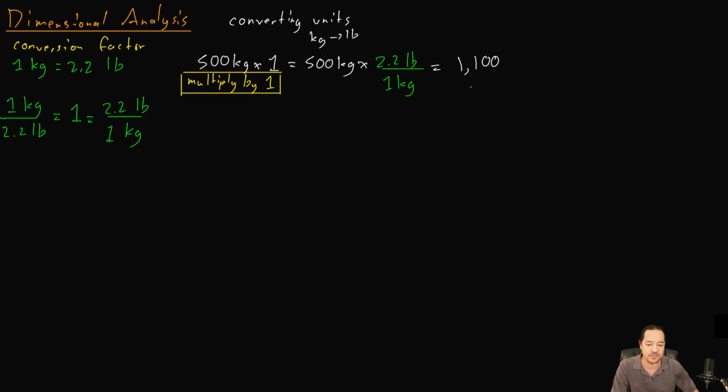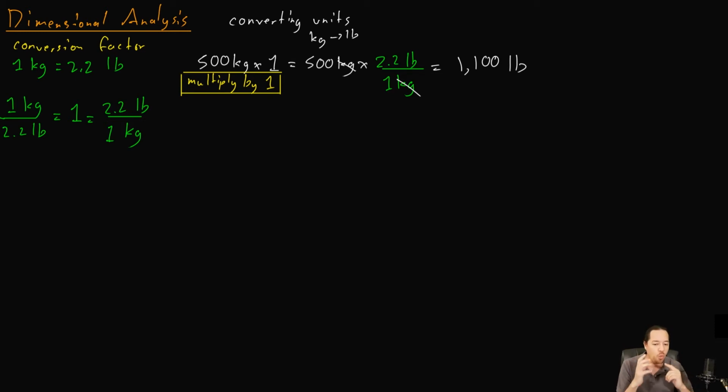And for the units, we see that the kilograms cancel, and we're left only with pounds in the numerator. And there we go, 1100 pounds. That's our answer. The quantity of 1100 pounds and the quantity of 500 kilograms are the same because I just multiplied by 1, so the quantity didn't change. Just the units changed. The name that I used to measure how much there is, that's what changed.